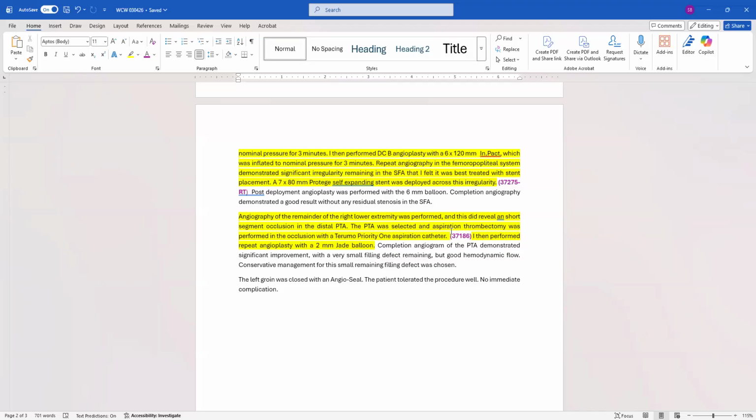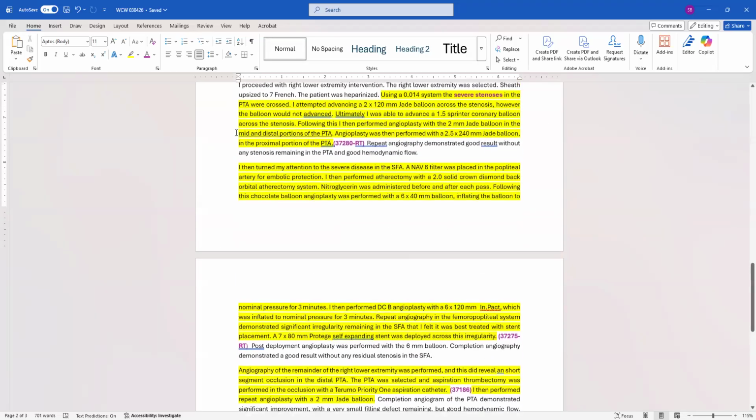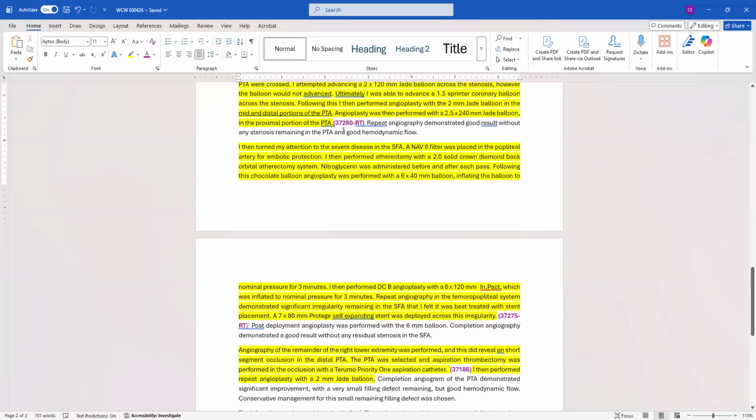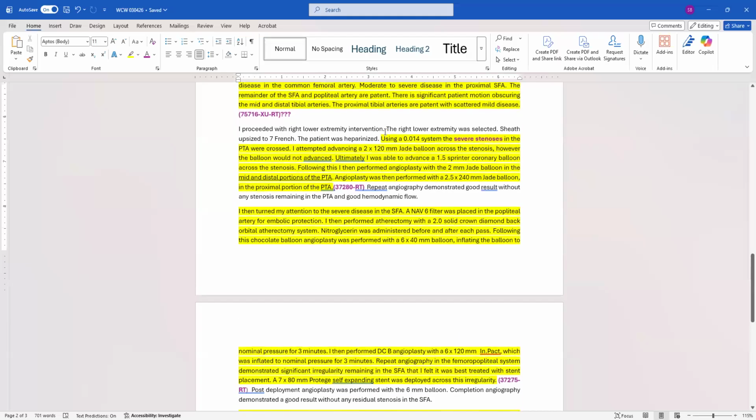And then I performed repeat angioplasty with the Jade balloon.